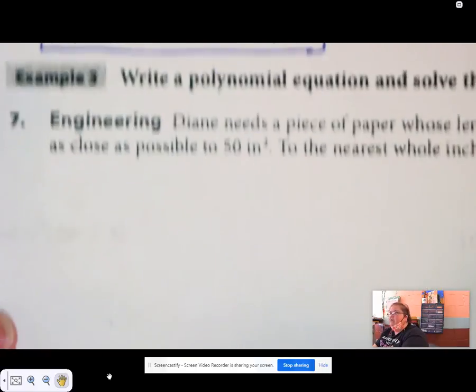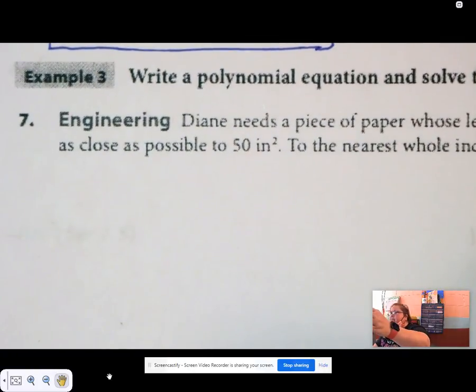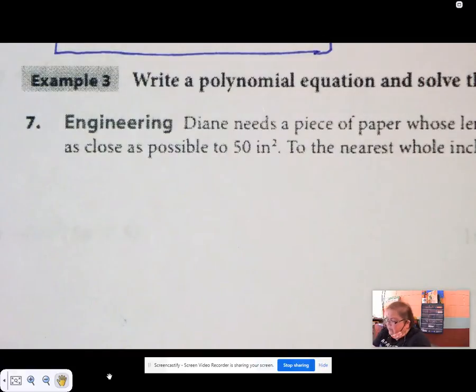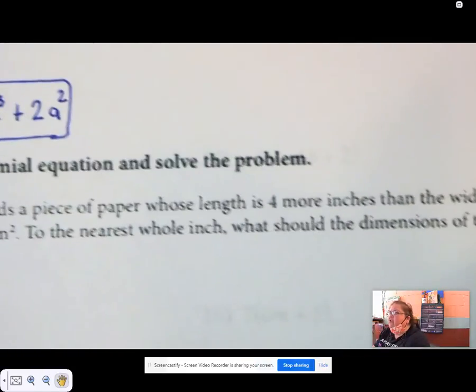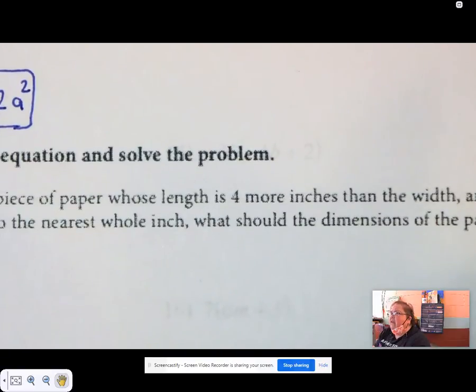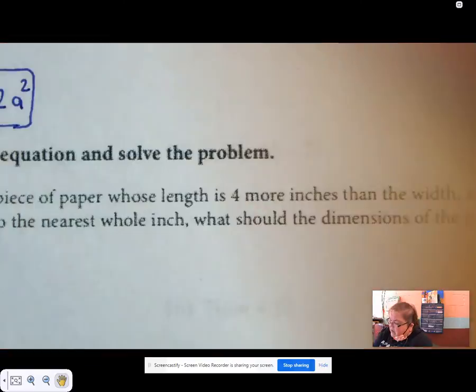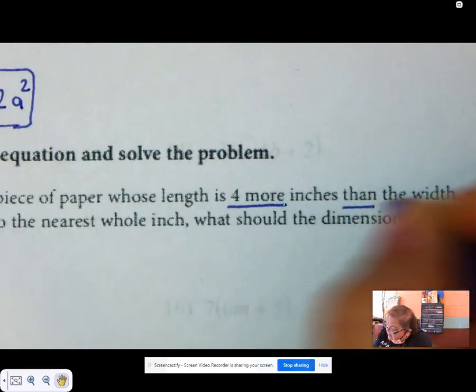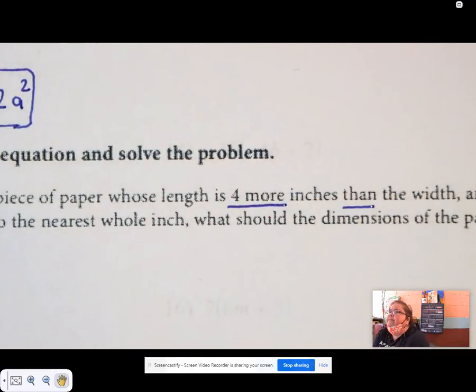Okay. Here is our modeling problem. Diane needs a piece of paper whose length is 4 more inches than its width. Okay. 4 more than. What operation is more than? Addition.